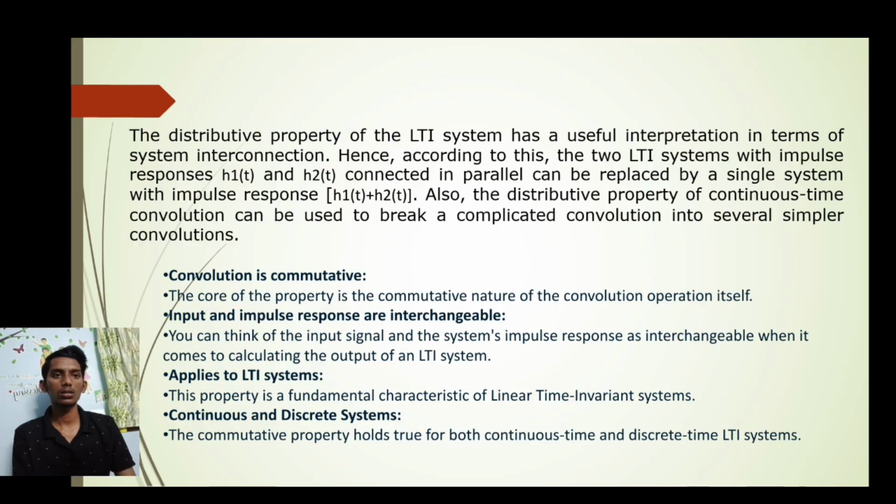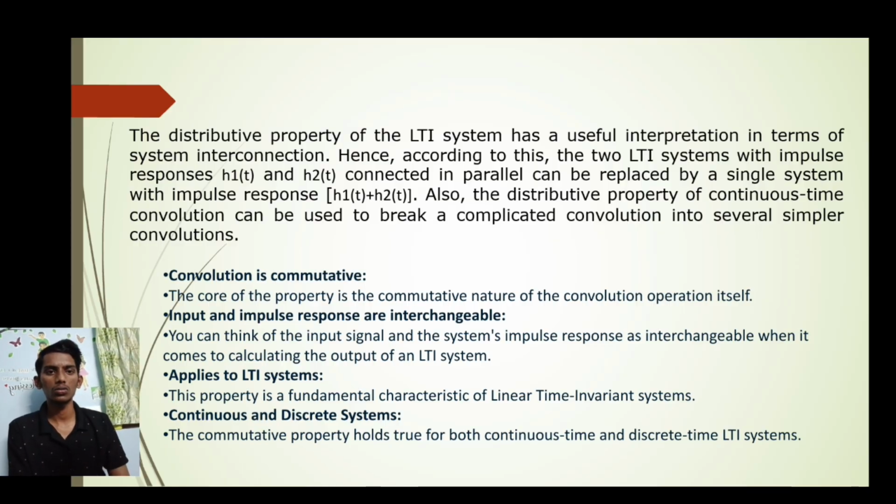According to this, two LTI systems with impulse responses h1 of t and h2 of t connected in parallel can be replaced by a single system with impulse response h1 of t plus h2 of t. Also, the distributive property of continuous time convolution can be used to break a complicated convolution into several simpler convolutions.